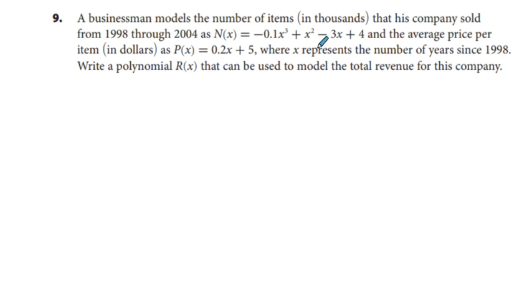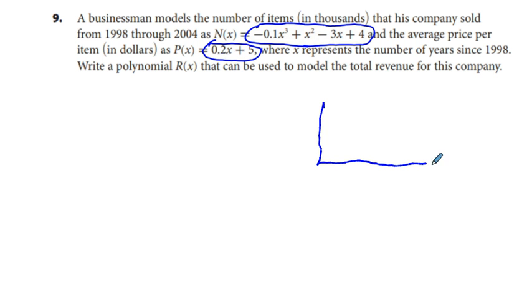Well, the number of items times the price is going to equal our revenue. So we can multiply this polynomial here, I want to say trinomial with actually 4 terms, by this binomial here. So we can set up a box that will be a 4 by 2 box.